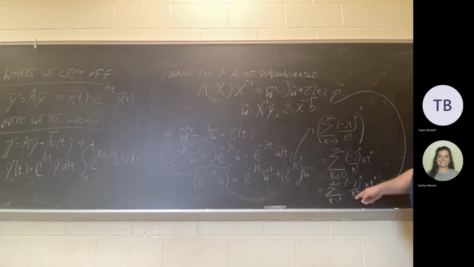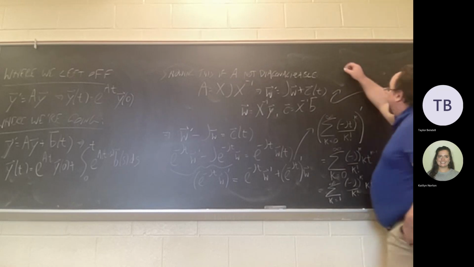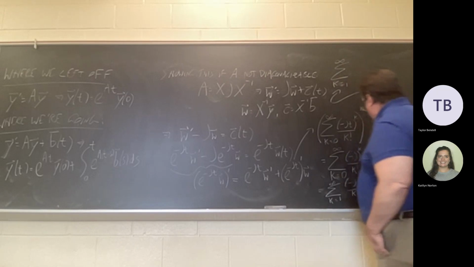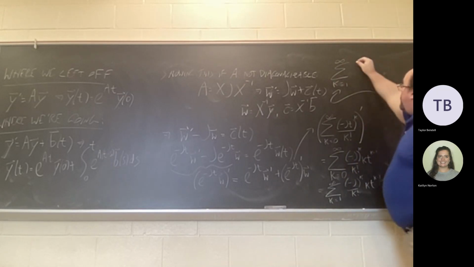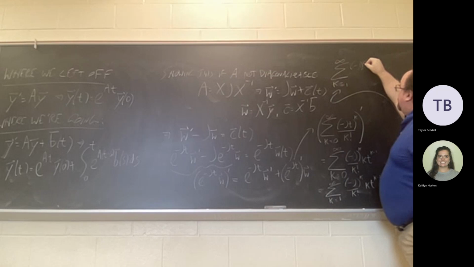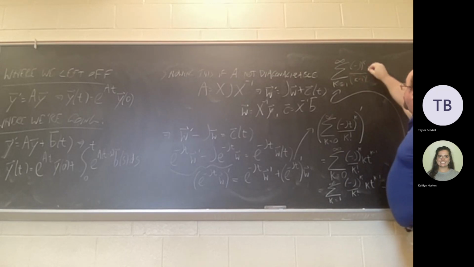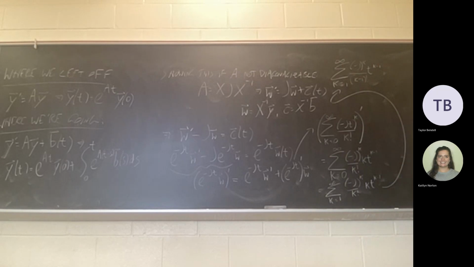First of all, I have k times t to the k minus 1 over k factorial, but the last factor of k factorial is k, so those will cancel out. So now I can have a sum, k equals 1 to infinity, of minus j to the k over k minus 1 factorial times t to the k minus 1.